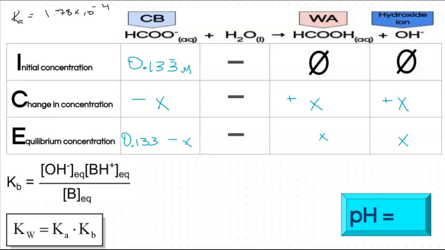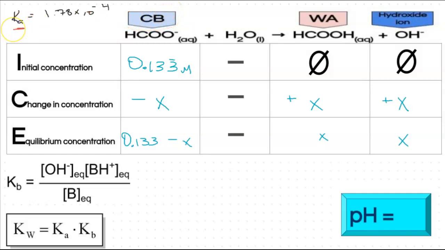A few more pieces we have to put into place. When I look at my dissociation, this is a conjugate base, but this is a Ka value. In order to do anything with my ICE chart, I can't use a Ka, a dissociation constant for an acid, for a base.